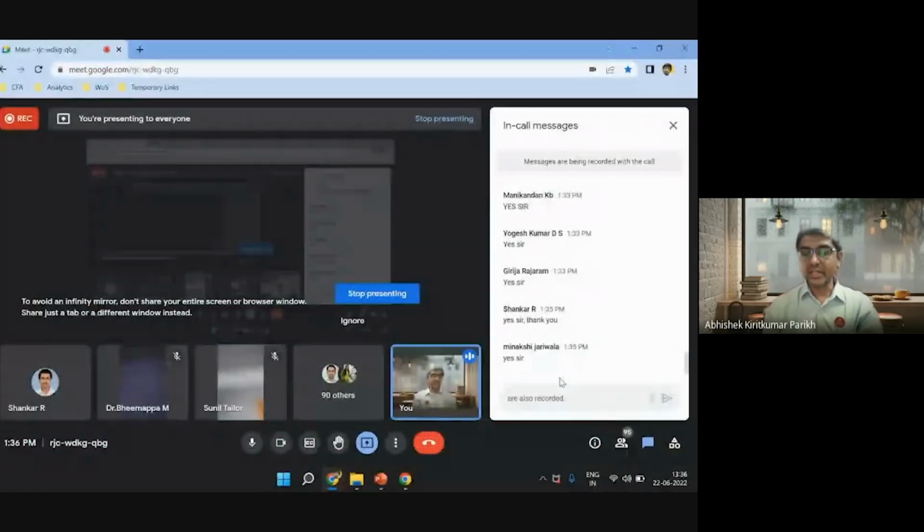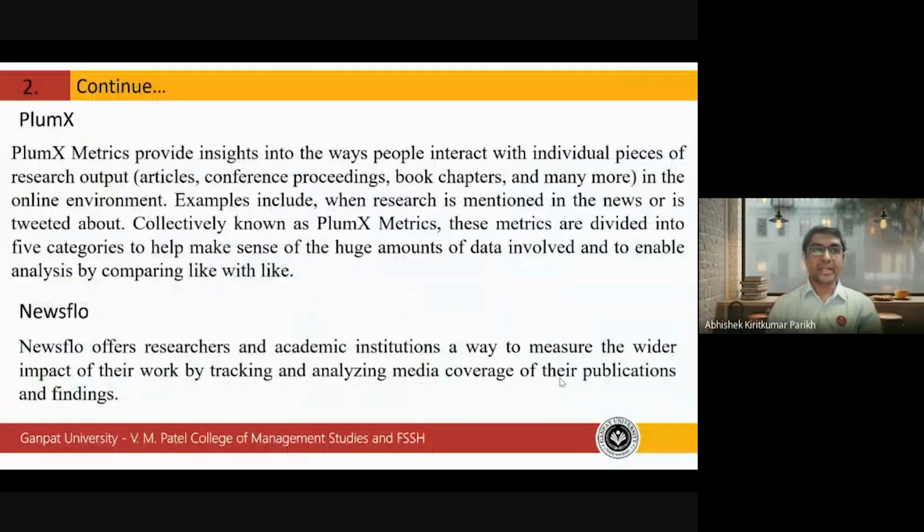Now we just had a discussion initially that social media impact is also important, right? We had an initial discussion that if it is cited on a social media platform, or if I want to write blog articles, news articles, and then I want to understand the impact of it, there are two more indices given, Plumx and NewsFlow. Plumx metrics provide insight into the way people interact with an individual piece of research output, not necessarily research output, any article output, right?